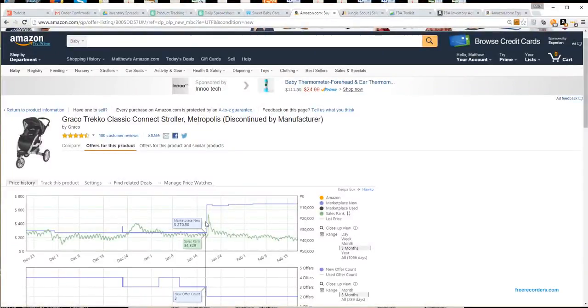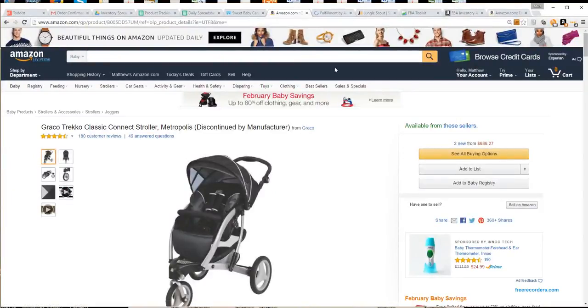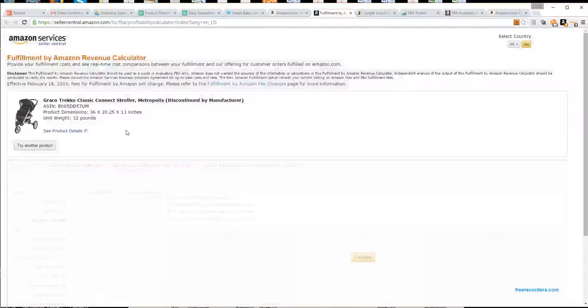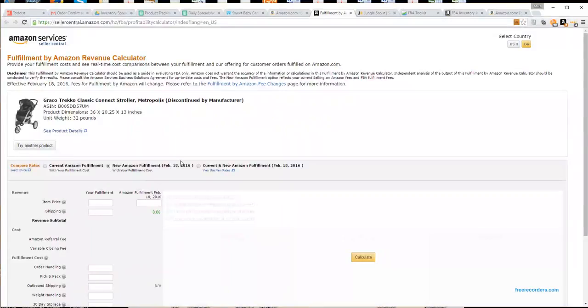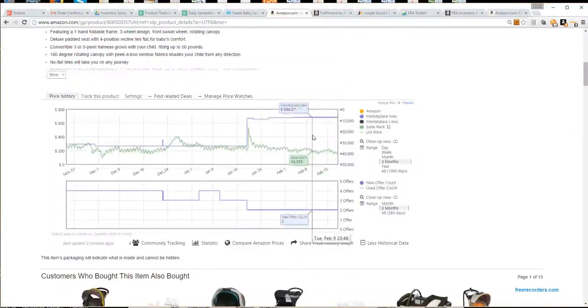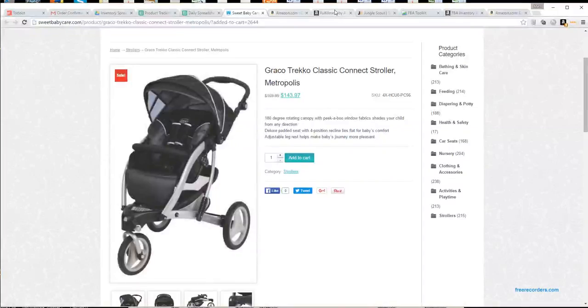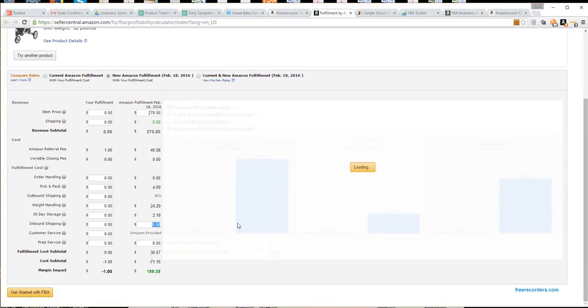Well, I would look at the price based on our cheapest possible price. So what is it? 270.50. And our cost was 144. Let's just round it off.